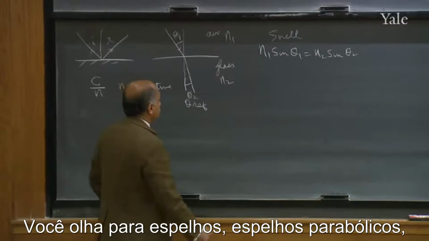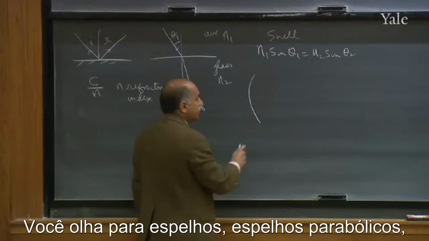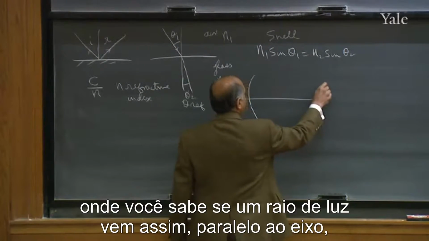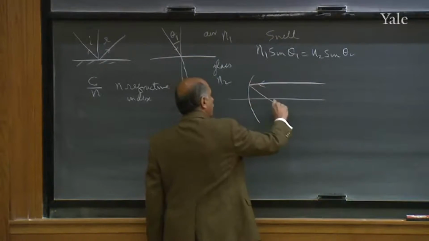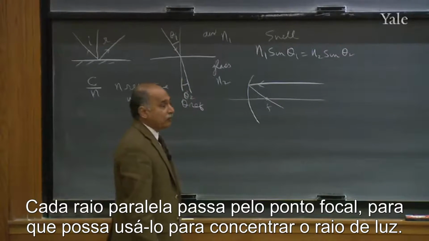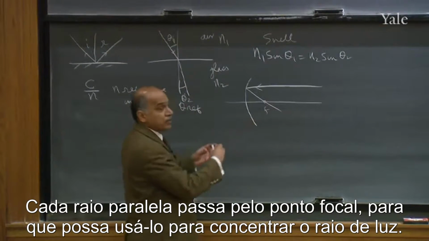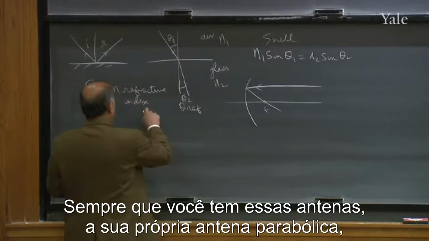You look at mirrors, parabolic mirrors, where if a light ray comes like that, parallel to the axis, it goes through what's called the focal point. Every parallel ray goes through the focal point, so you can use it to focus the light. That's what you see whenever you have these antennas.